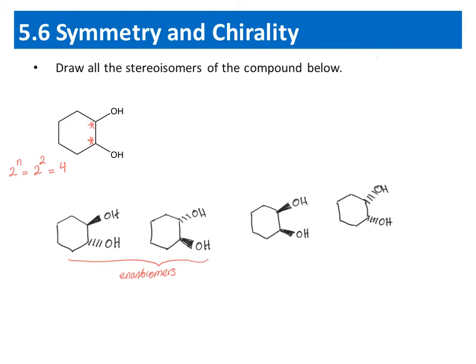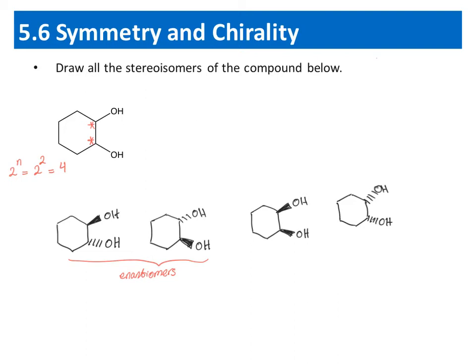Therefore, you may think that the question is answered. However, you need to be very careful here. What is happening here is a meso trap. If you look at these two structures, they are basically mirror images of one another.